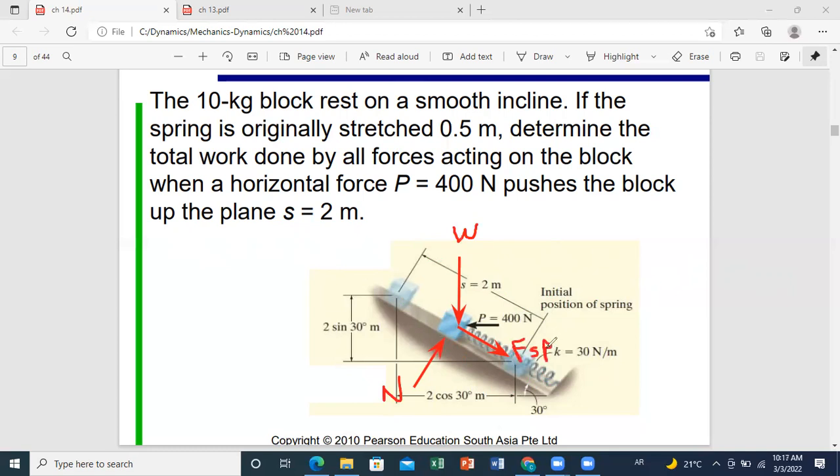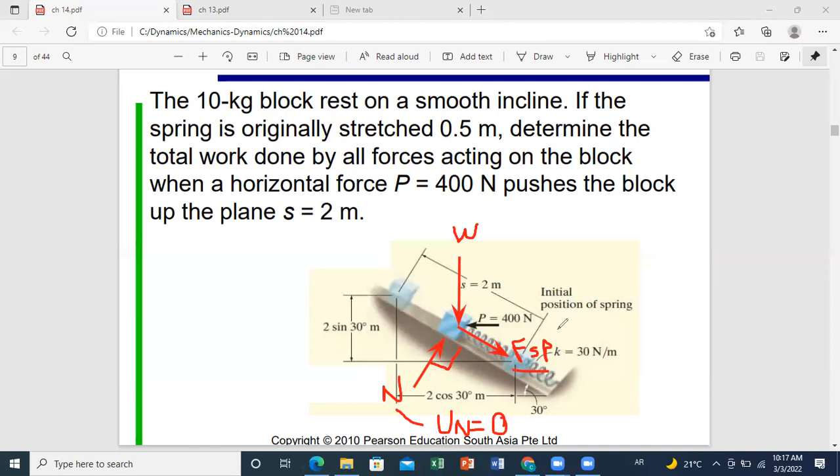So let us start to determine the work of each of these forces on the block. To start with, the normal is perpendicular to the motion, so we can already say that the work of the normal is equal to 0. Now we move to the spring force. We already determined delta L1 and delta L2.